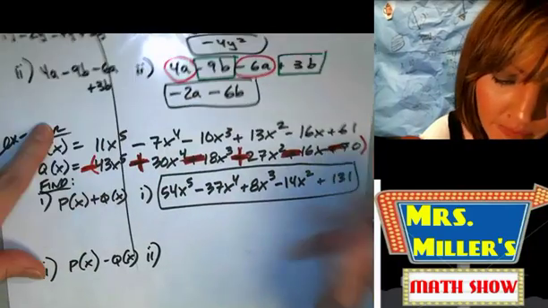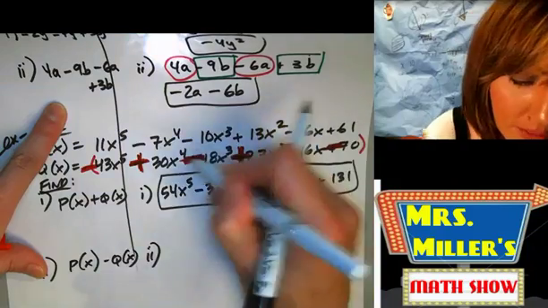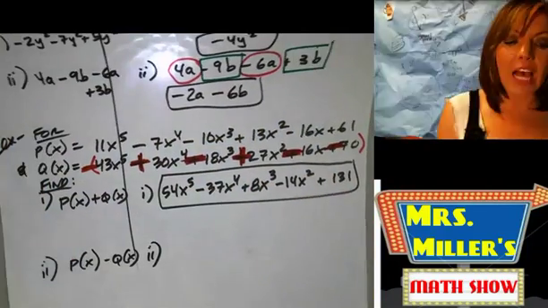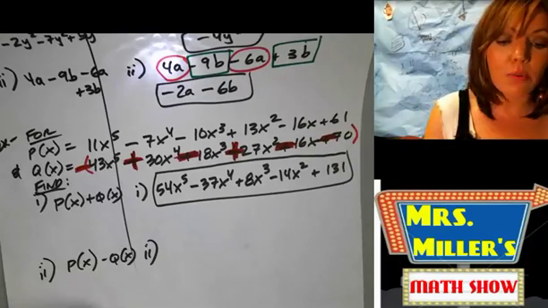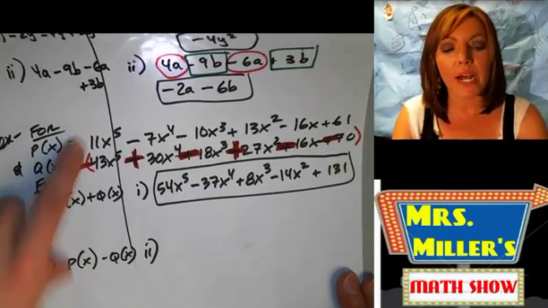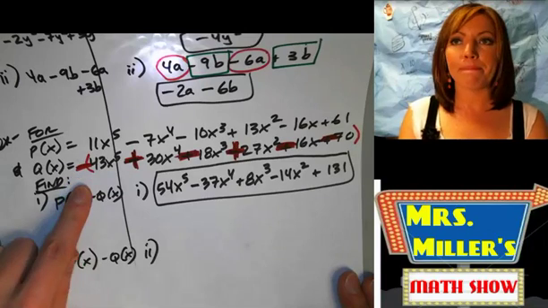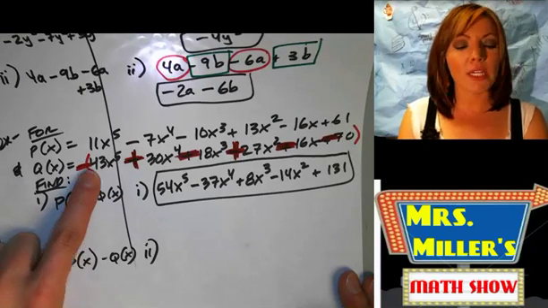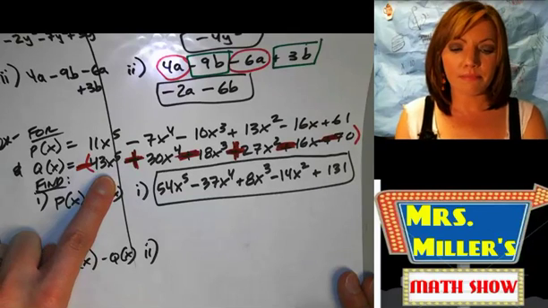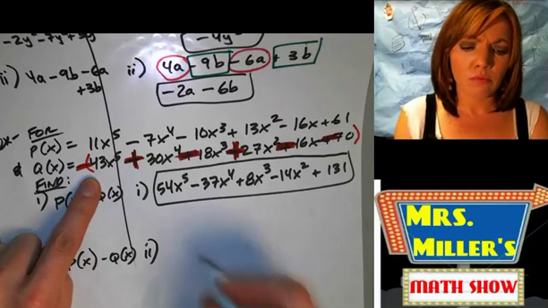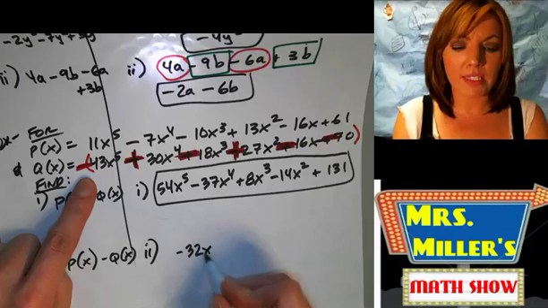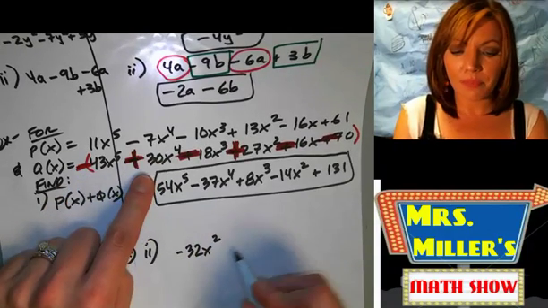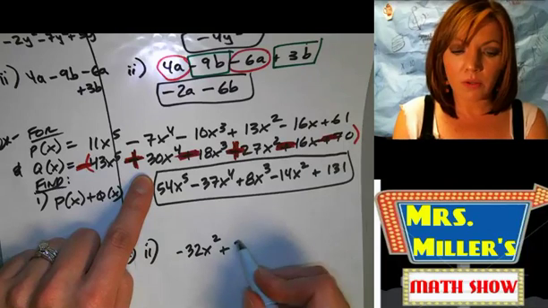Make sure that they're big enough so you all can see them. Plus. That's pretty good. Now we do the same thing as we did in the last problem. When I combine these, what do I end up getting? 11x to the 5th minus 43x to the 5th is negative 32x to the 5th. Negative 7 plus 30 gives 23x.